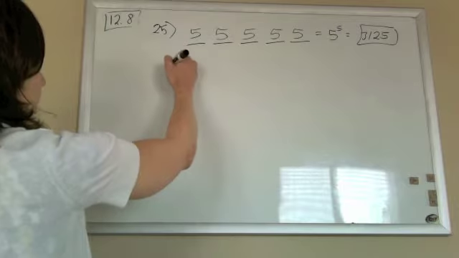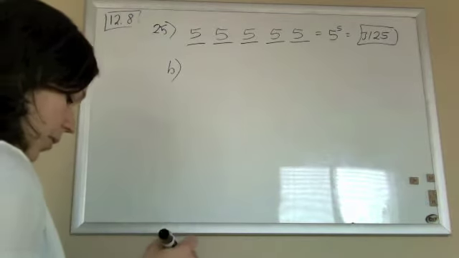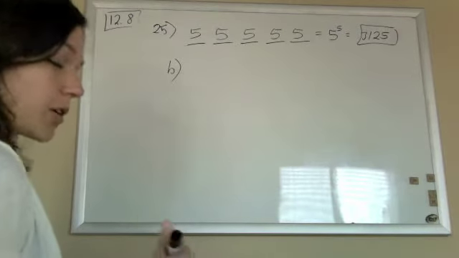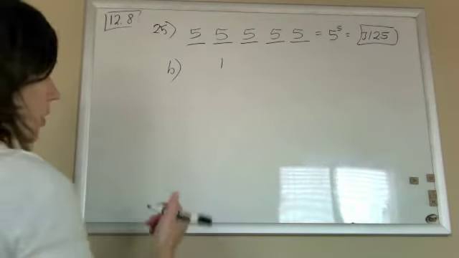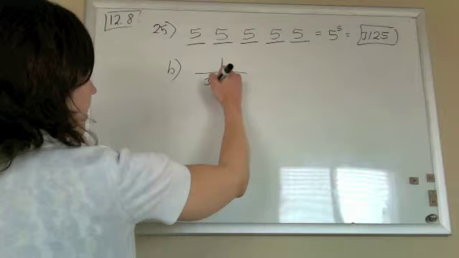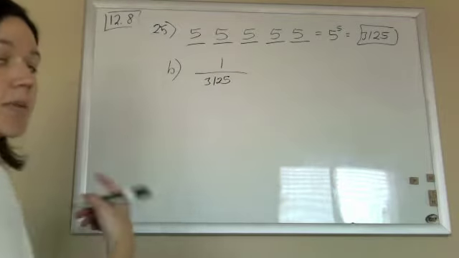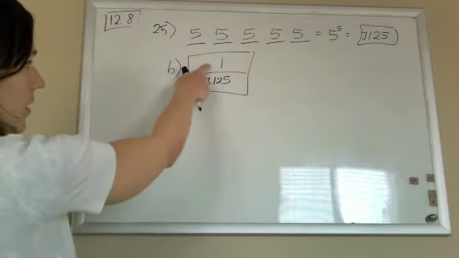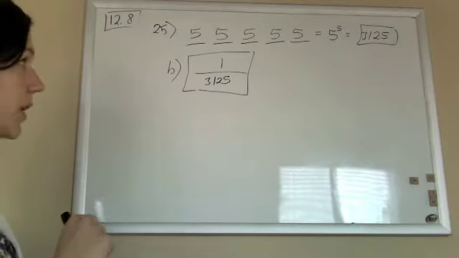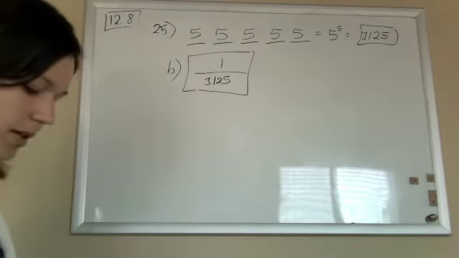And for part B, they want the probability that you'll get the correct sequence. Well, there's only one correct sequence that's going to work out of the 3,125 sequences possible. So the probability of correctly opening the lock is 1 out of 3,125. That's that.